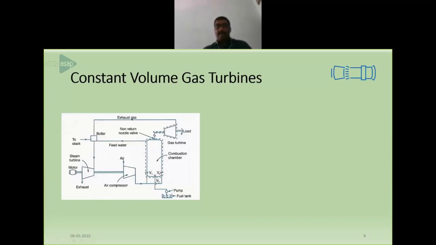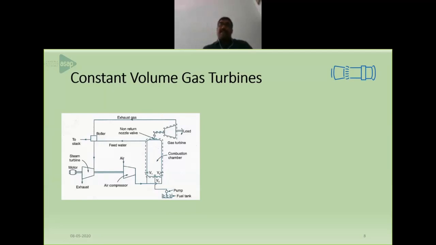Now there is another valve, say V3, which is for the fuel supply. After supplying the fuel, a spark plug produces a spark, which will start the combustion process. During the combustion, high pressure and high temperature will be developed.